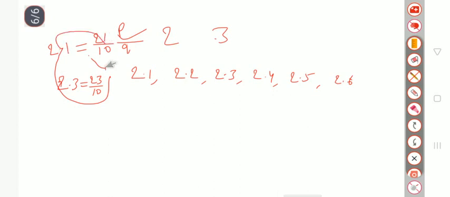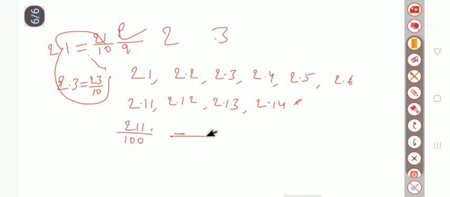Okay, now we can write 2.11, 2.12, 2.13, 2.14. These all are rational numbers. 2.11 can be written as 211 divided by 100. If we remove the decimal, then 100 will come in the denominator.